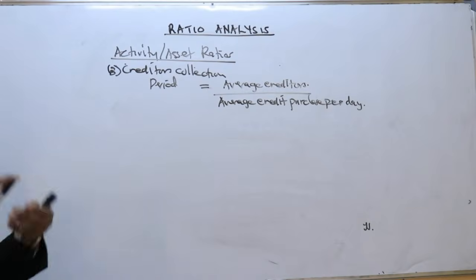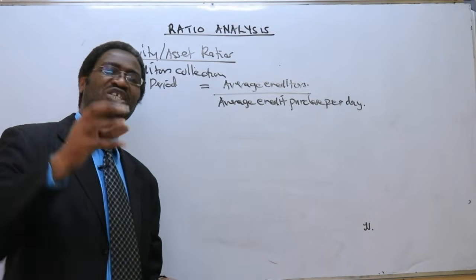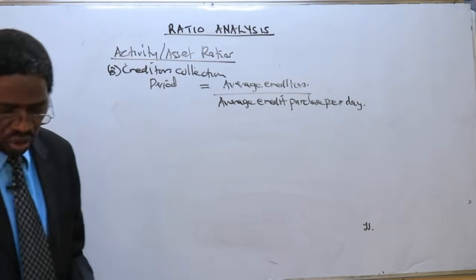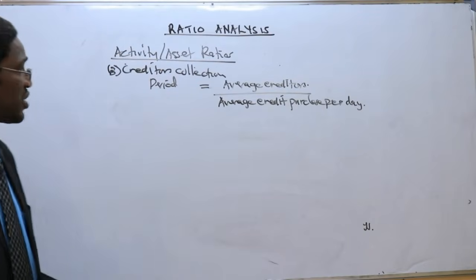Again, we are using credit purchases because cash purchases don't give rise to creditors. It's only the credit purchases that give rise to creditors.